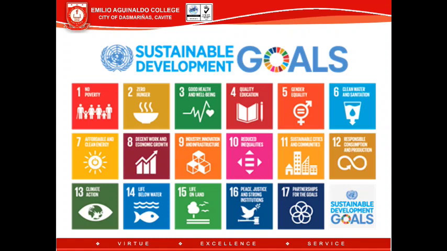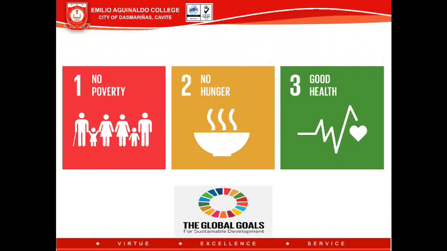Now, on this page, you will see the Sustainable Development Goals. As you can see, it mentions a total of 17 goals. Number 1, no poverty. 2, no hunger. 3, good health.